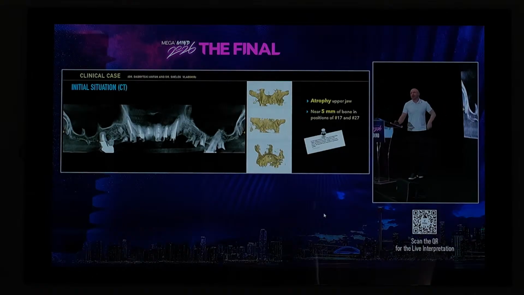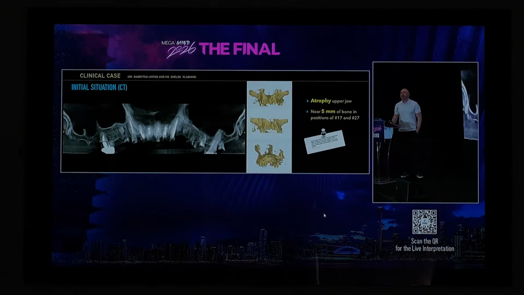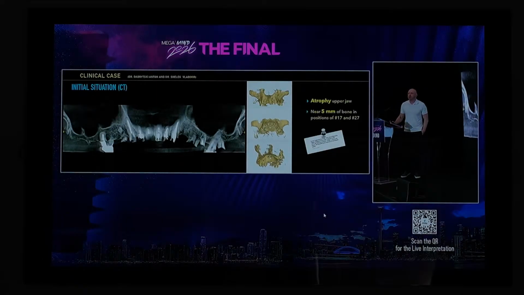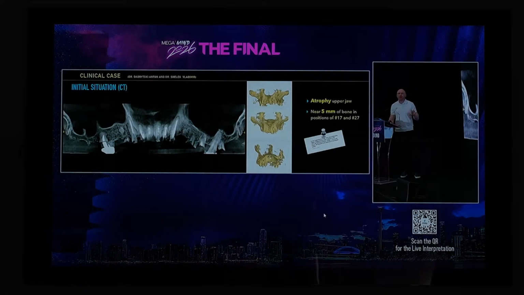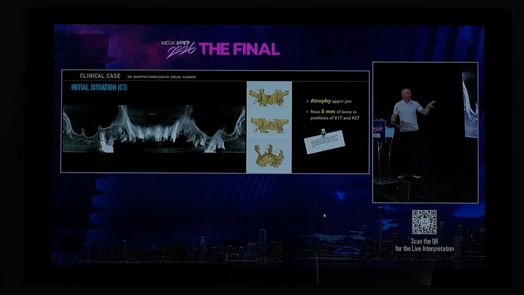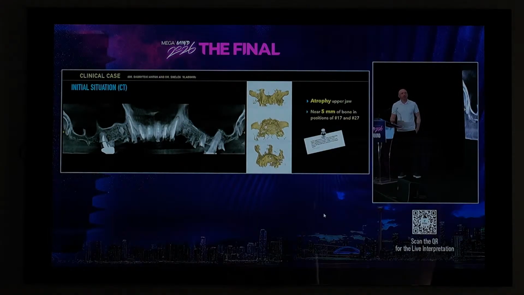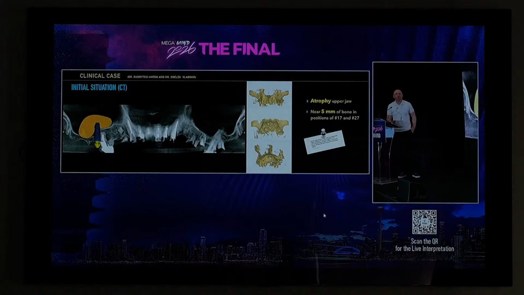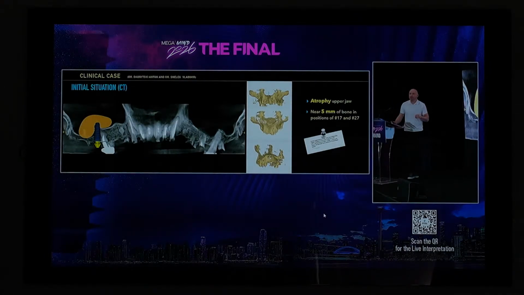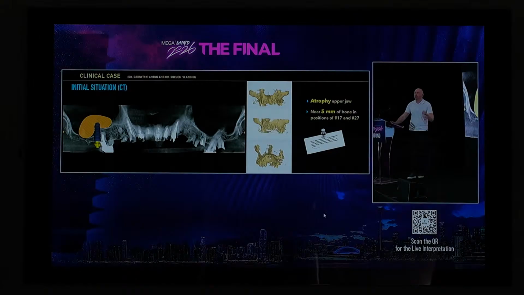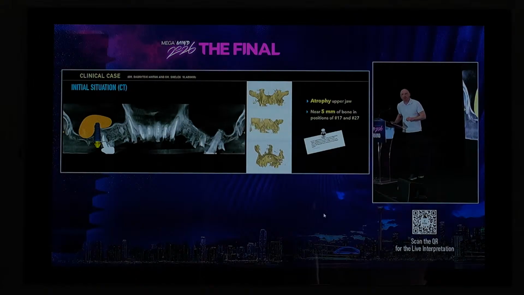Unlike the back of the maxilla, where we have a lack of bone height, nearly 4 or 5 millimeters. And 5-10 years ago, there would be problems because we needed a big bone grafting procedure to place implants directly in this region, the region of the first or second premolar.